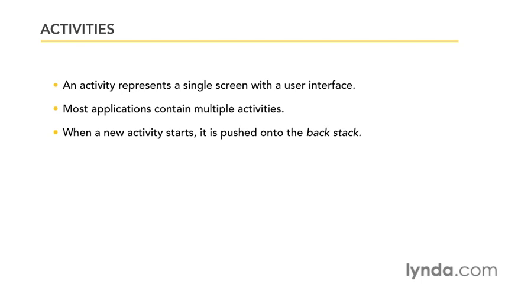But if the user hits the back key, it's going to pop that current one off and show me the one that was there before. So again, this concept of having a stack of activities that the user can navigate back and forth through using the back key. Now, the user interface for activities can be built either with XML or directly in Java.